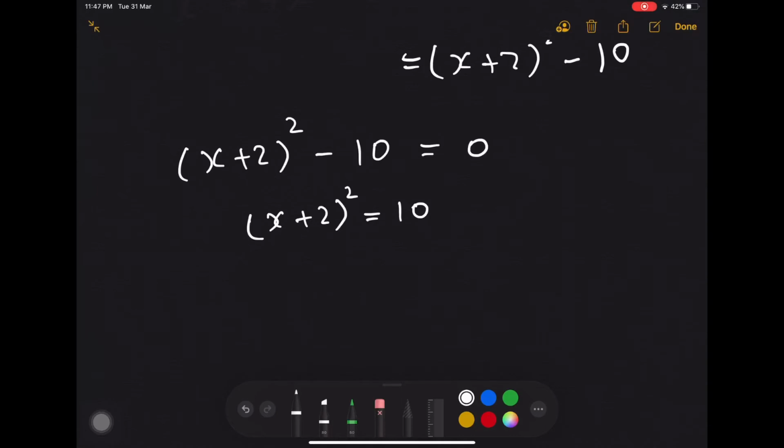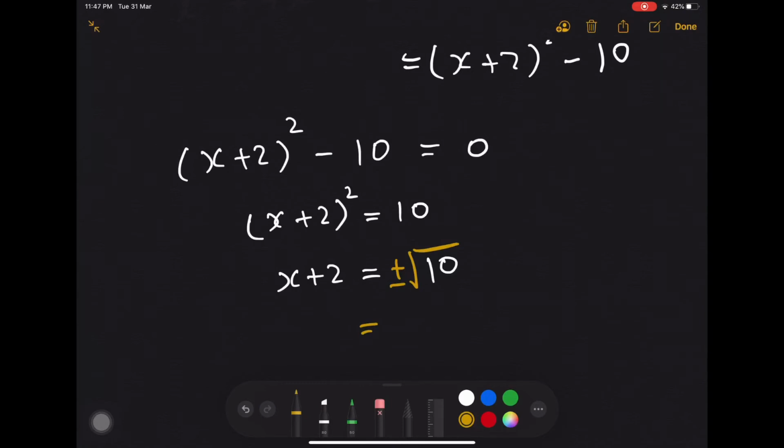The next thing you want to do is to remove the square. To remove the square, all you need to do is to square root, and always remember to put the plus minus. A lot of students forget about this. You need to put the plus minus because this is solving a quadratic equation, and you have two solutions.